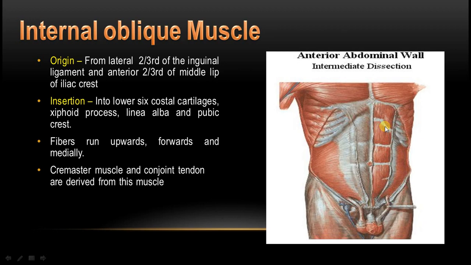That is one thing, the aponeurosis, as I told you. The muscle fibers form arched fibers, which form the roof. Some of these muscle fibers get detached as the cremasteric muscle, and the intervening fascia is the cremasteric fascia, which surrounds the spermatic cord.